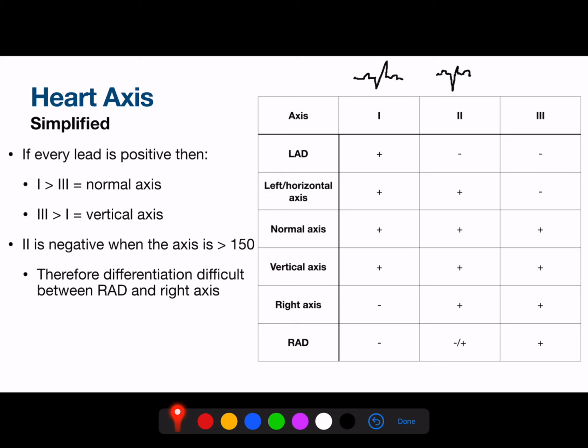Also, what's important is that the lead 2 QRS complex is only negative when the axis of the heart is larger than 150 degrees.